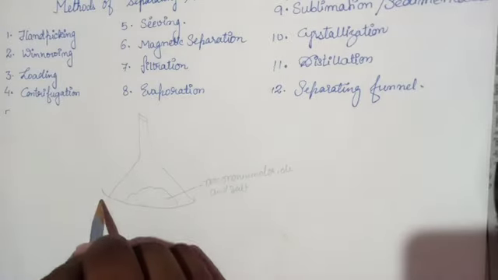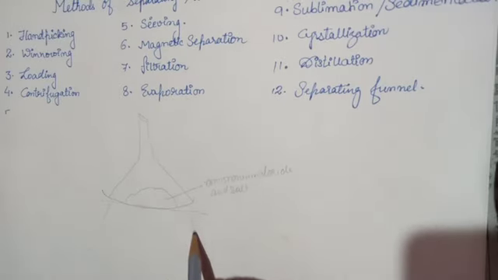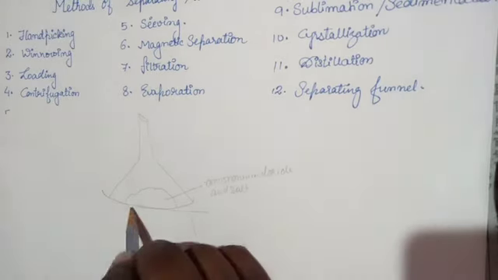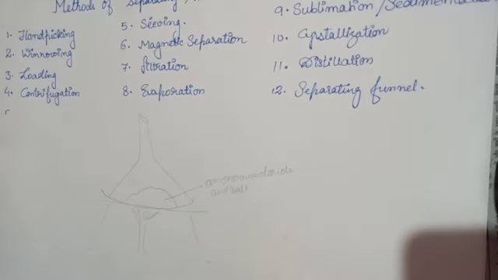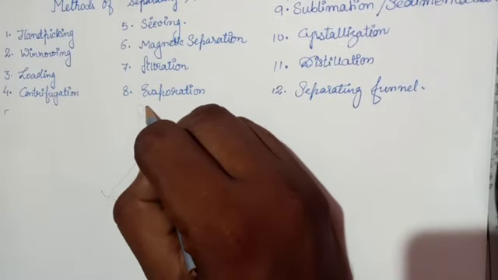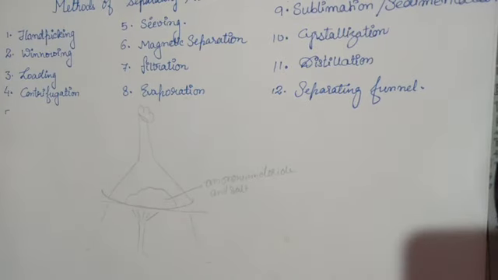Then we place this onto a Bunsen burner to heat it up, and we cover the mouth of the funnel with a cotton ball.